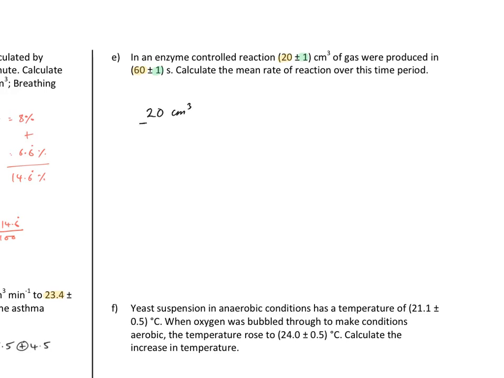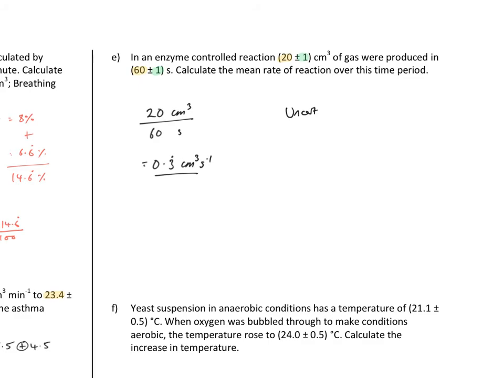It doesn't say what unit to calculate, but let's just keep it as it is. So that's per second. Let's not get into unit conversions as well. It's not a -1, is it? Because I just divided by a second. So that equals 0.3 recurring centimeters cubed per second.